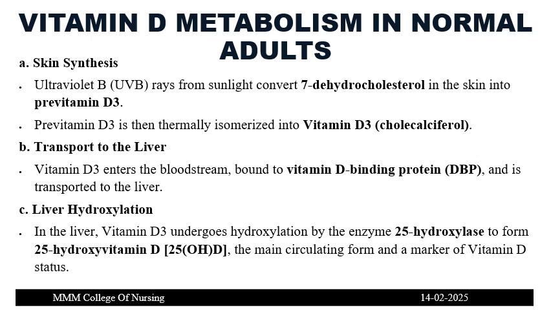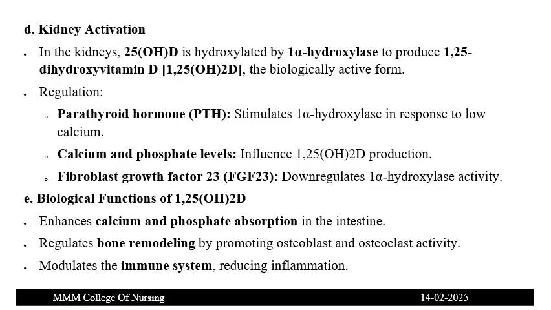Okay, skin synthesis: ultraviolet B rays from sunlight convert 7-dehydrocholesterol in the skin into pre-vitamin D3, which is then thermally isomerized to vitamin D3 and transported to the liver by vitamin D binding protein. Then liver hydroxylation takes place and it is converted to 25 hydroxy vitamin D. In the kidney, this 25 hydroxy vitamin D is hydroxylated again by 1 alpha hydroxylase and produces 1,25 dihydroxy vitamin D, the biologically active form.